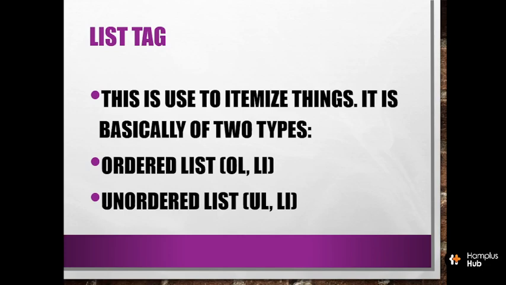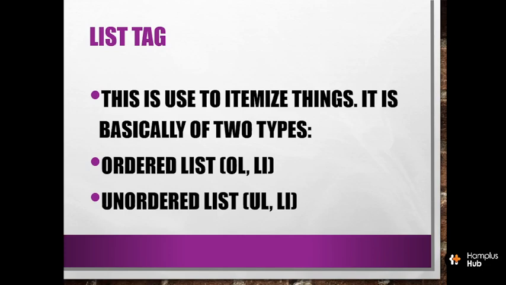In the ordered list, you want it to be something like 1, 2, 3, or A, B, C, to follow an order, a numeric order or an alphabetical order. You make use of the ordered list. But if you just want the list to be like a bullet or like a circle without having numbers, you make use of unordered list.